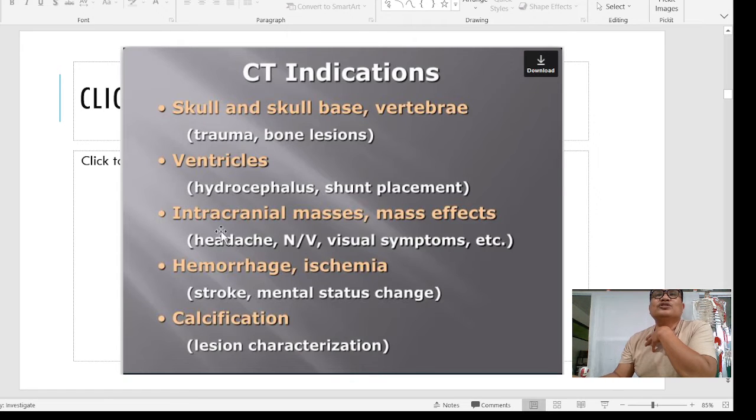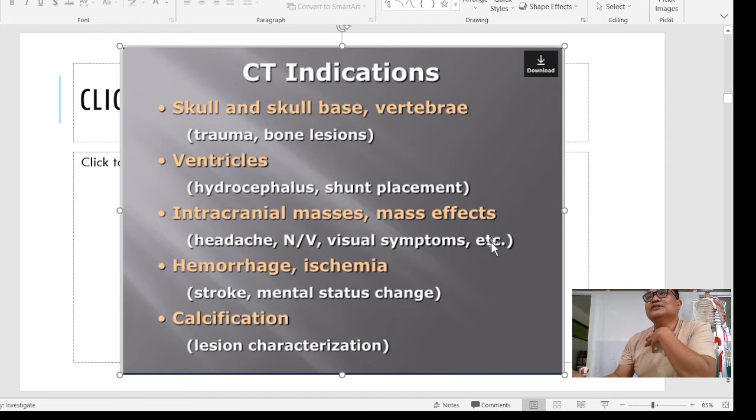CT scan for masses is usually done if you have symptoms like headache, nausea, vomiting, visual symptoms, dizziness, vertigo, especially if the intensity of your pain is increasing every day. That might be an indication of a mass in the brain.